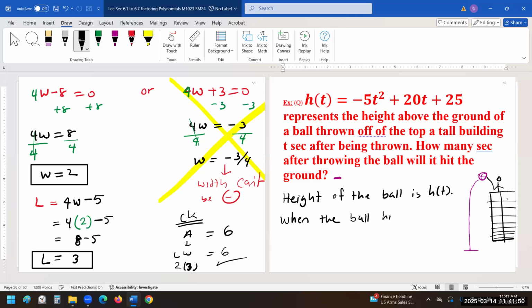When the ball hits the ground, the height of the ball is 0.